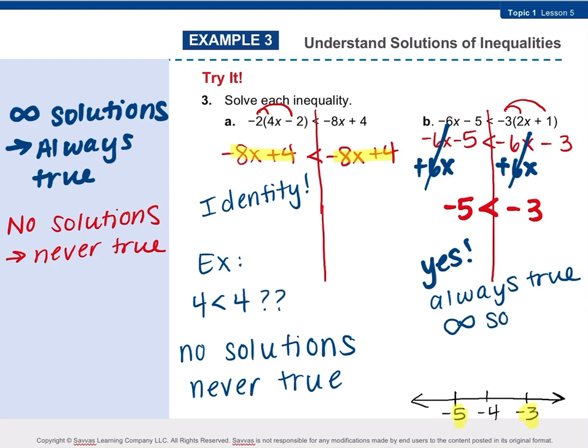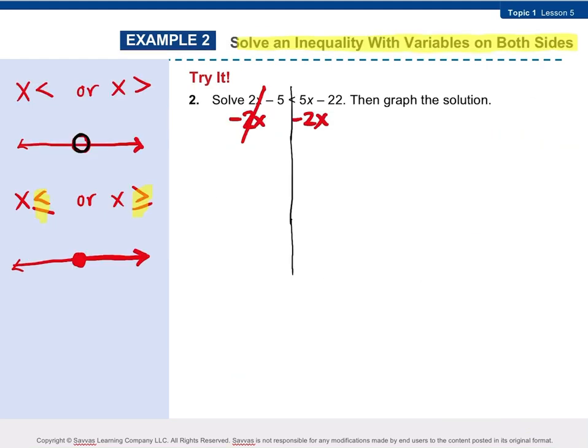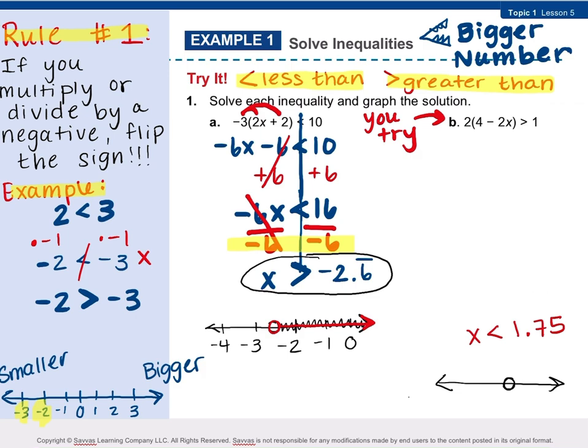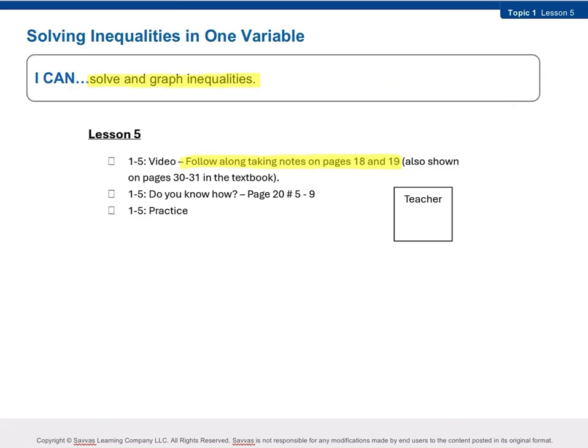And so if I want to graph that, I guess I could just shade everything. Everything is an answer. Anything will work. It always makes a true statement. So a little flip-flopped. That one might be tricky, but not too different. So make sure you took the time to write down those notes. Take your time. And move on when you're ready.